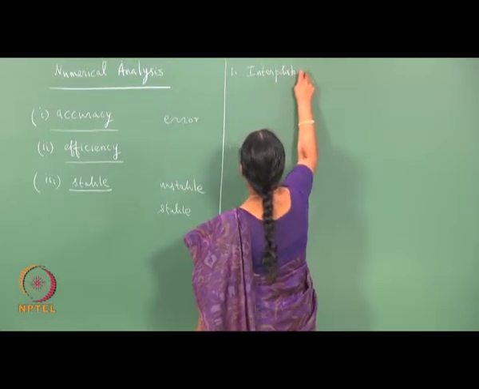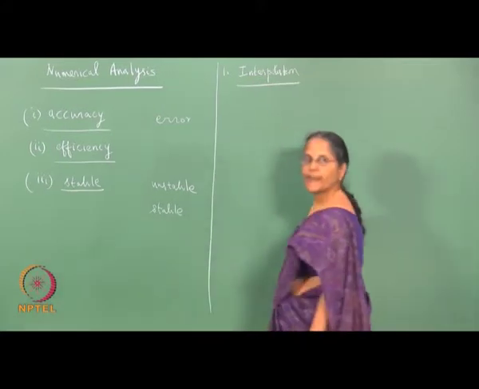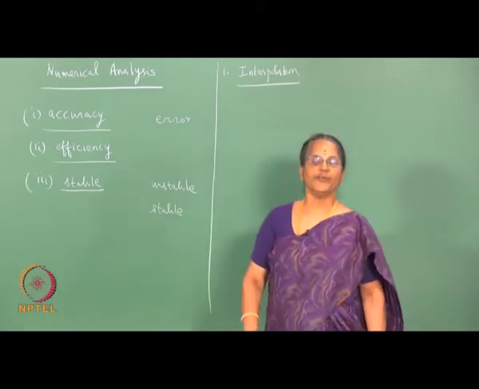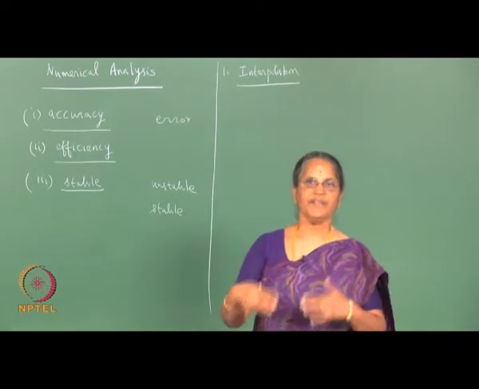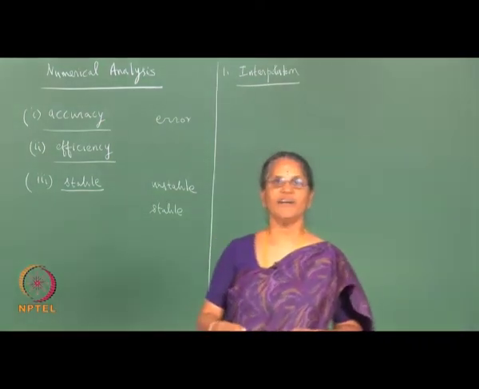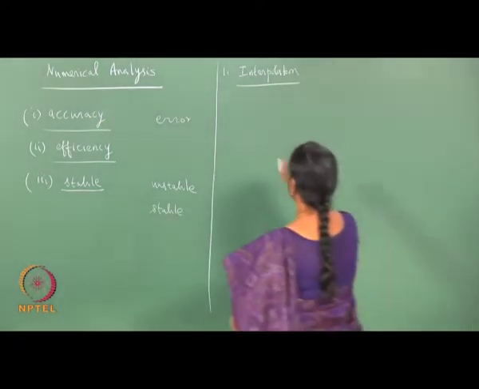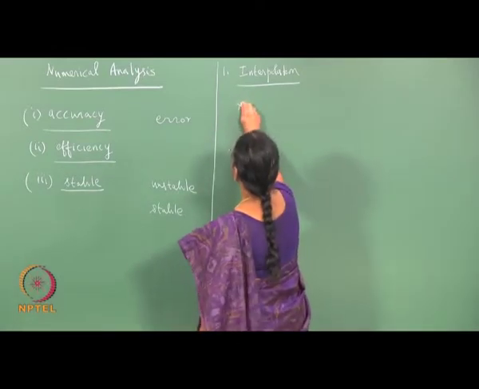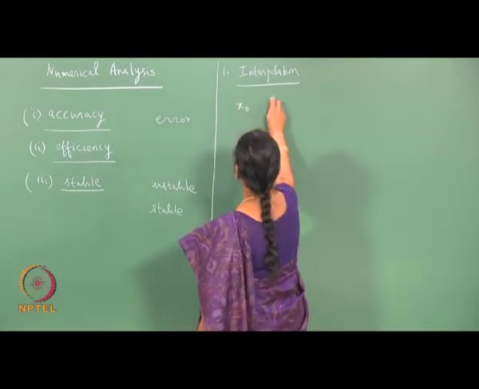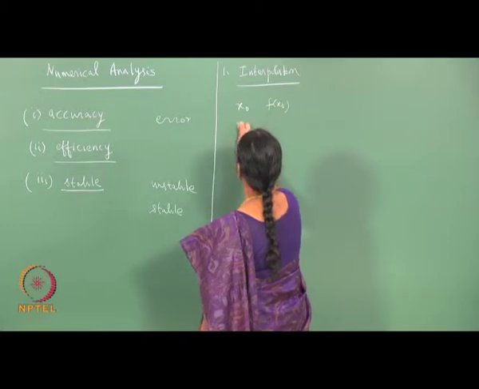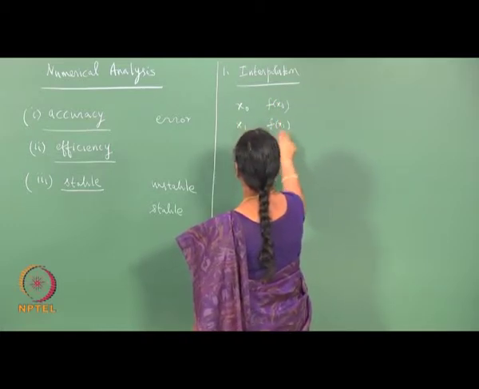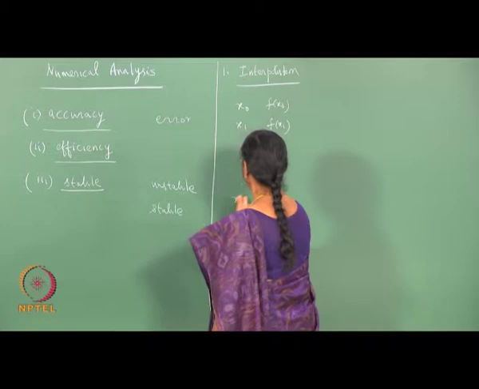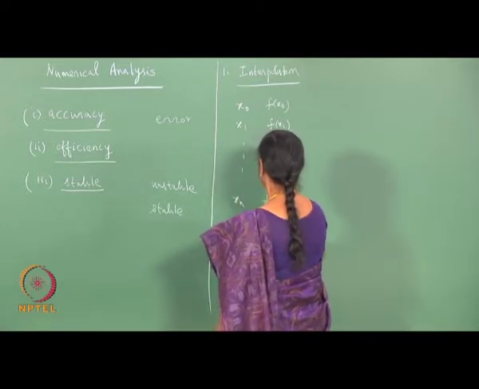So, let us see what is interpolation. Suppose say you have some information about a function at a set of say n plus 1 points, namely x naught, f of x naught, x1, f of x1 and so on, xn, f of xn.